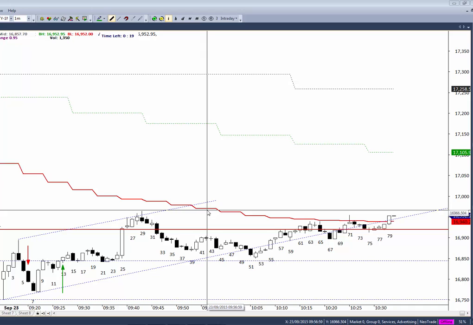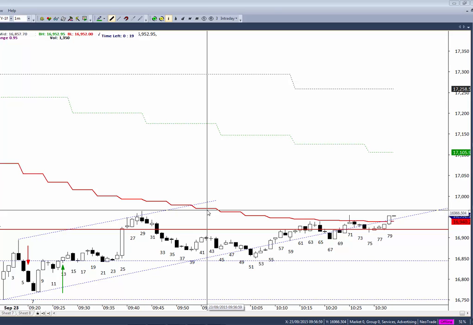Bar 14 follow through, but again not much movement. And then bar 15 through bar 21, price just languished there, tried to go up and down, not much movement, and it almost came to hitting our stop loss, but we were saved by just a point or so.